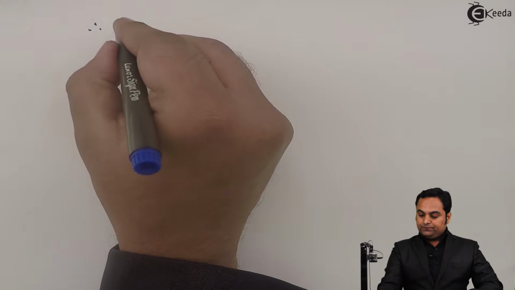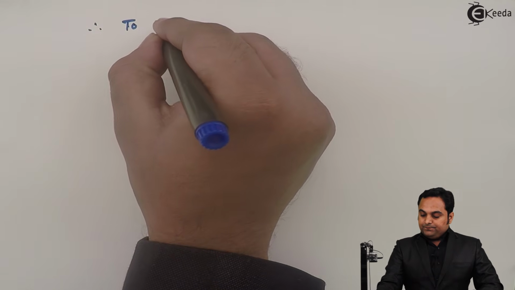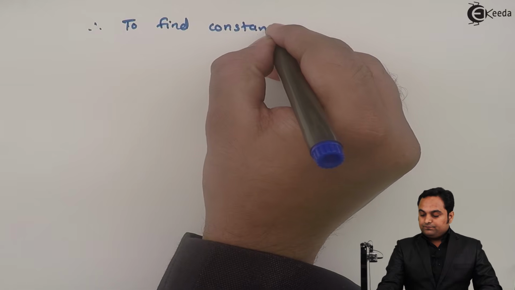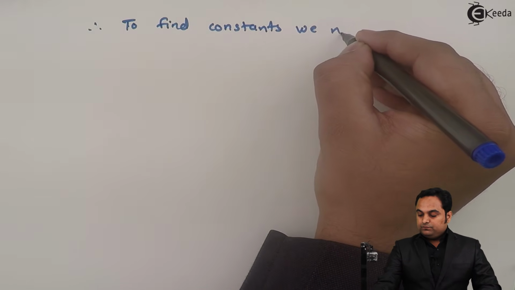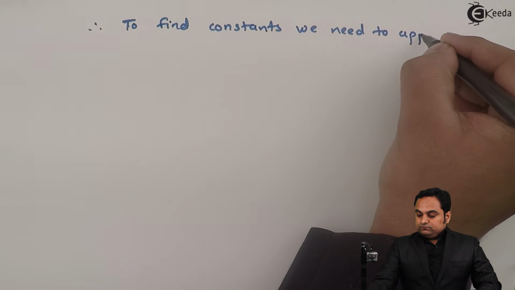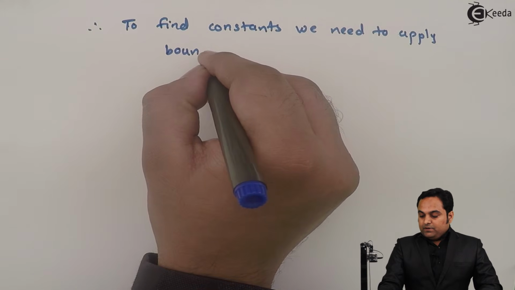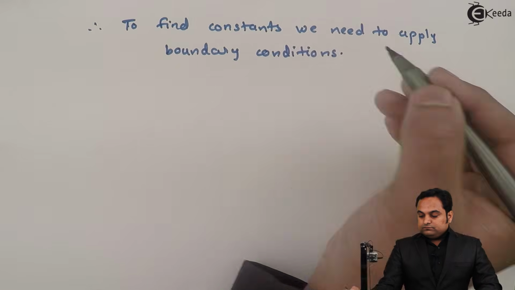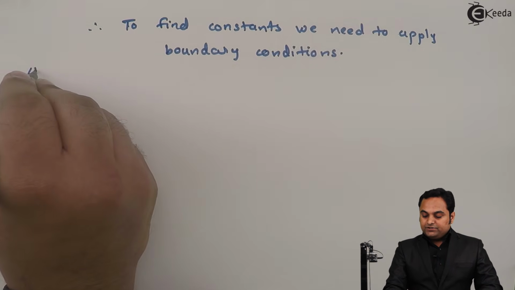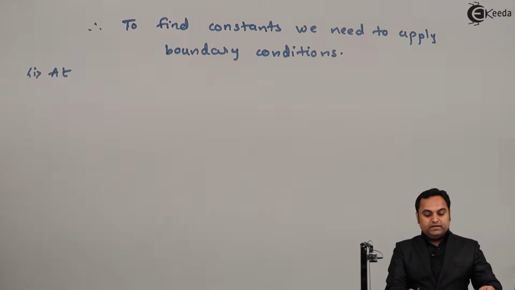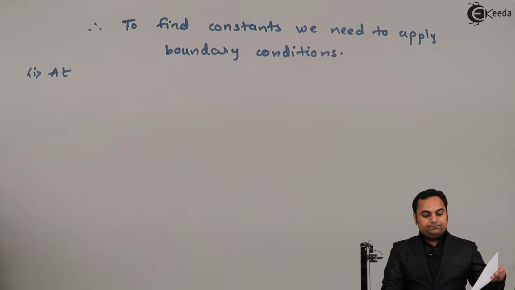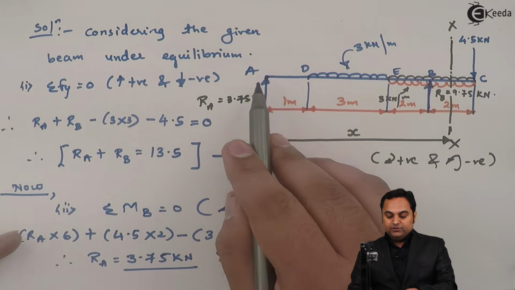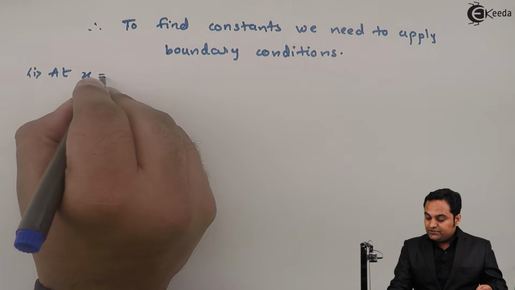So therefore, to find the constants we need to apply boundary conditions. The first boundary condition is at distance x equal to 0, y value is 0, that is deflection is 0.